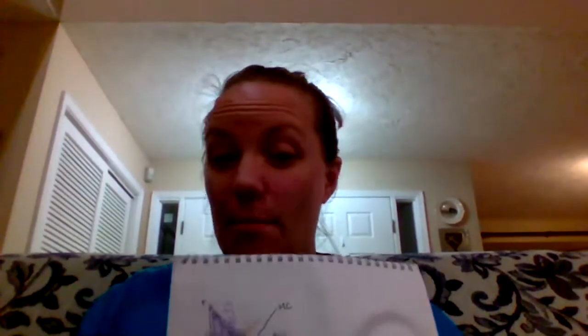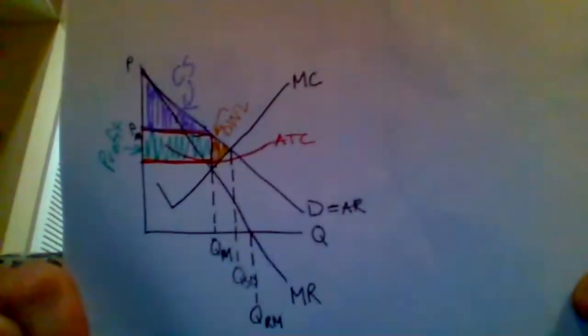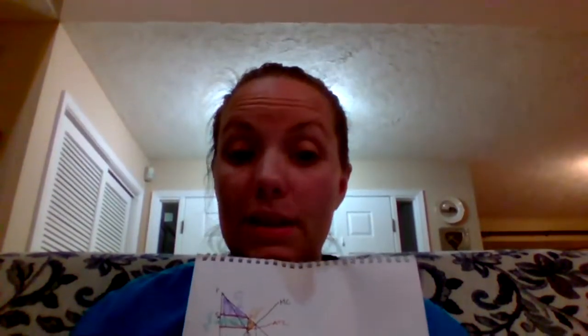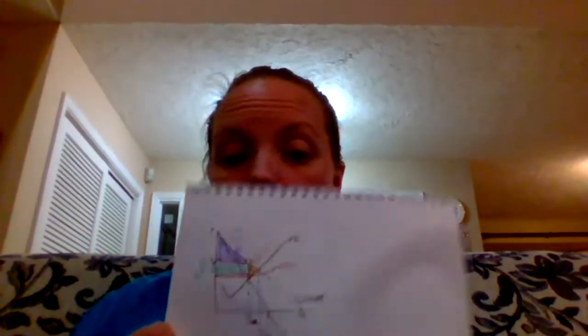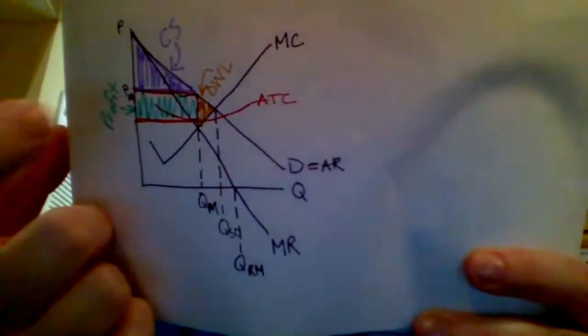Okay, the difference between a monopoly and monopolistic competition on the graph is not that much. You could draw something like this, okay? But what you have to remember, in a monopolistically competitive market, this company is making a profit. If it's a monopoly, in the long run, they don't have to worry about it. No competition means they keep all the profits for themselves, okay?